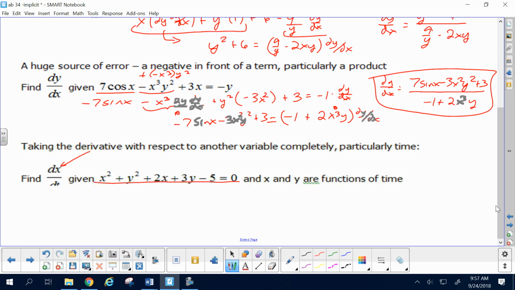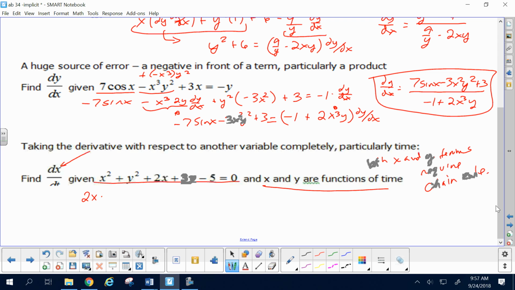They're both going to require chain rule because they're both functions within functions. So when I take the derivative of x squared with respect to time, it's the derivative of the outside, 2x, times the derivative of the inside. Now that's the derivative of x with respect to time.